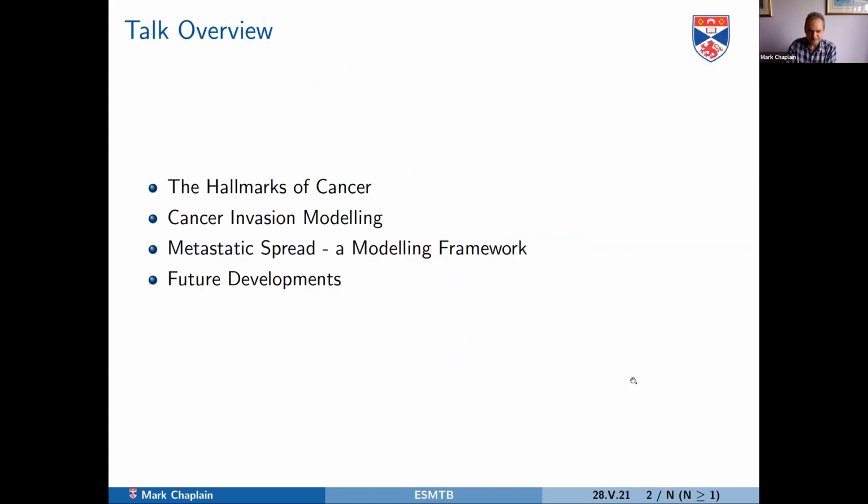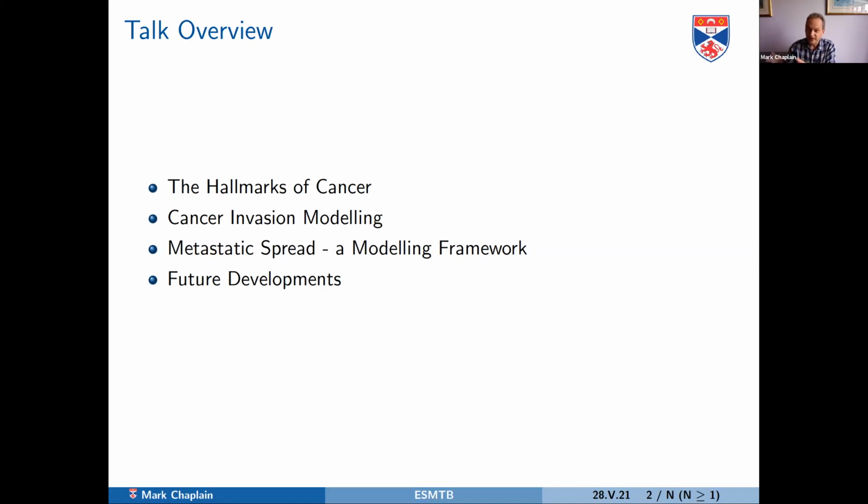So the talk will just give a little overview of cancer. I'm sure everybody's aware of what cancer is, but a little overview of what cancer is as a disease, and then focus initially on some invasion modeling, so how cancer spreads locally in the tissue that it's in, because that's very closely related to how metastatic spread, which is the spread to secondary organs, occurs.